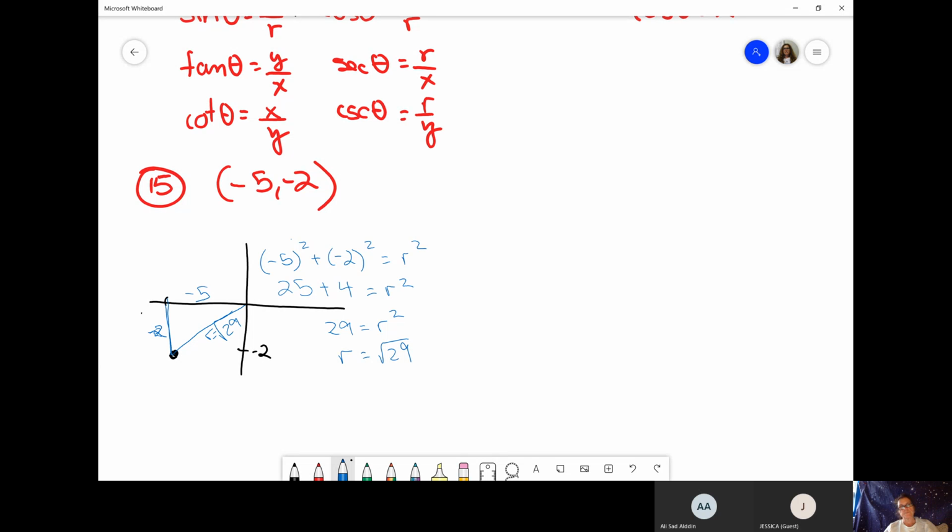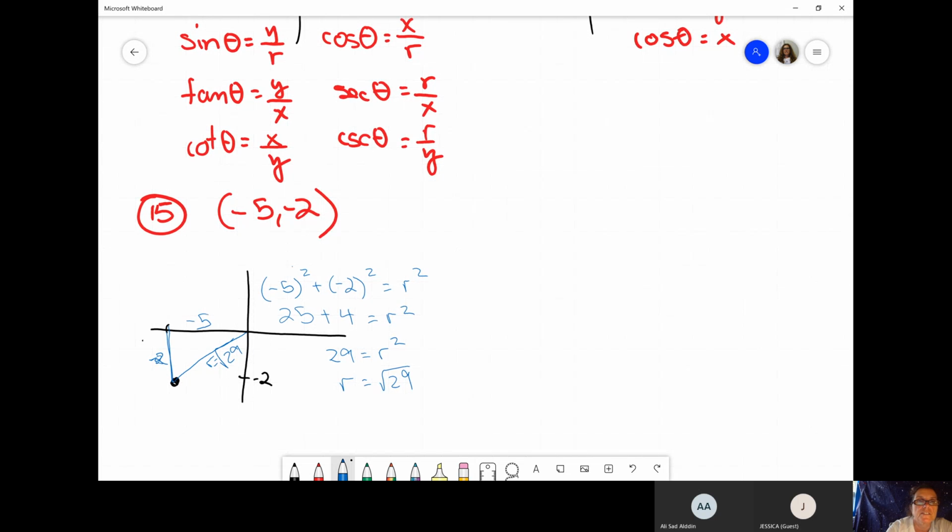Okay, now let's find the sine of theta. Think about opposite. If this is our angle here, opposite over hypotenuse. That would be, in this case, y is -2 over the square root of 29.